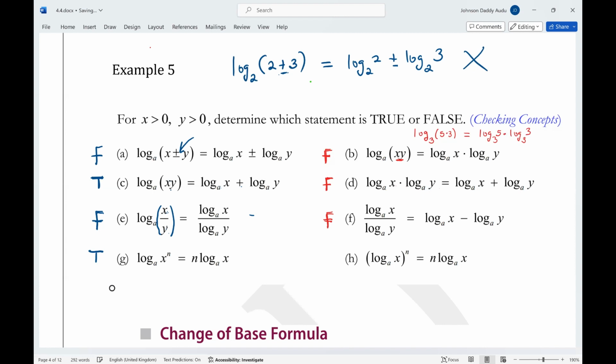And here, this is also false. So please look at this one. Look at G and what? G and H. G and H are quite different because here the power n is only on x. So the n can come down. But here the power n is not just on x, but it's on what? Even the logarithm. So this is false. This is not true. So G is true. Is that okay?